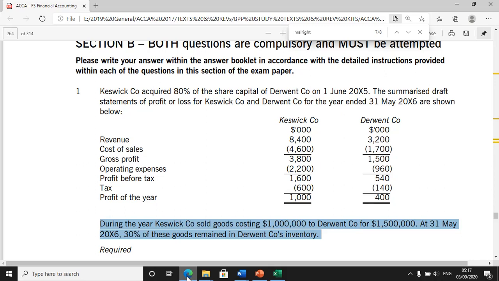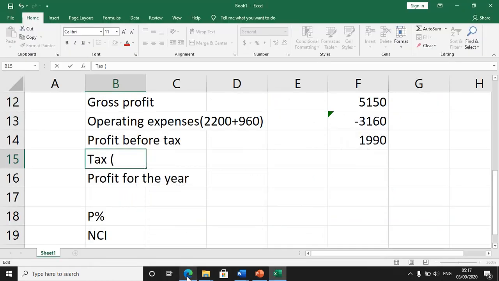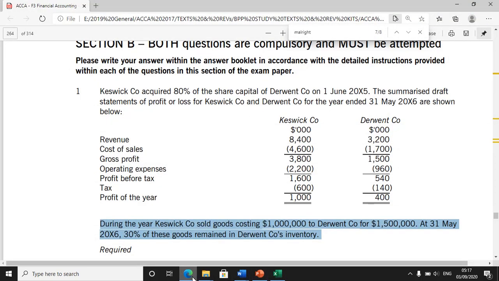We have got 600 plus 140. And by the way, this is full year acquisition. Okay, we just want to check that.